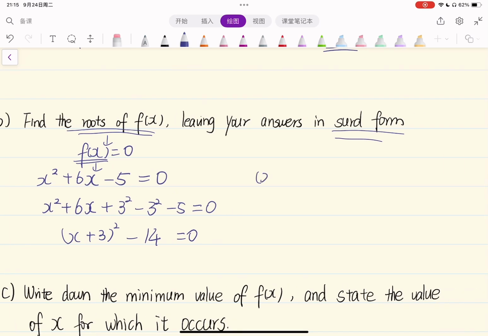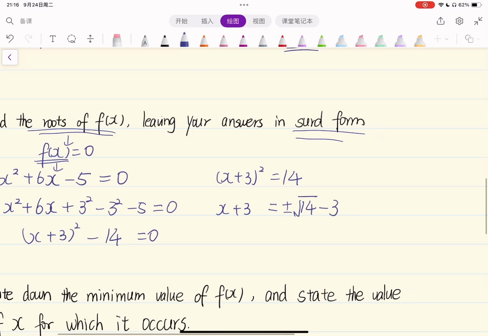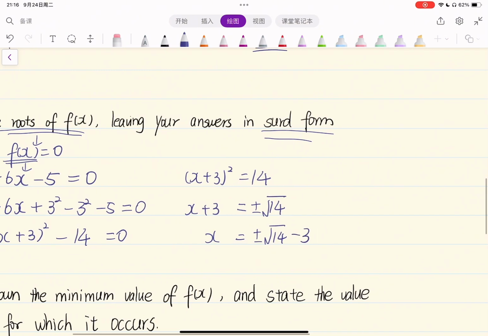Then (x plus 3) squared equals 14. And then we take the square root of both sides. x plus 3 equals plus or minus square root of 14. Oh, sorry, there shouldn't be a minus 3. We erase that. Then we have x equals minus 3 plus or minus square root of 14.